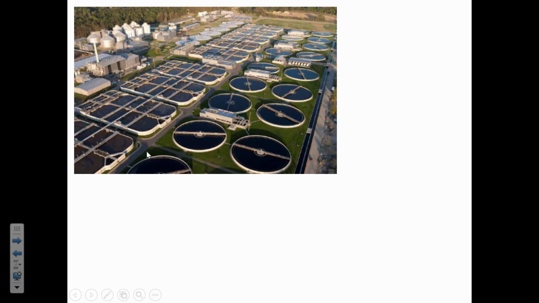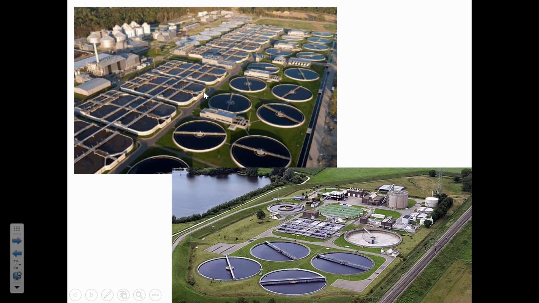Now, the reason why I show you this picture is just because this is a relatively large wastewater treatment plant. And we've talked in the past about the idea of getting like a bulk discount on things, when the more you buy of something, the more economical and affordable it may become to purchase it on a unit basis. And so, for instance, this large wastewater treatment plant, because they were putting in so many clarifiers and so many aeration basins, probably the per unit cost of construction was quite a bit lower than this much smaller wastewater treatment facility.